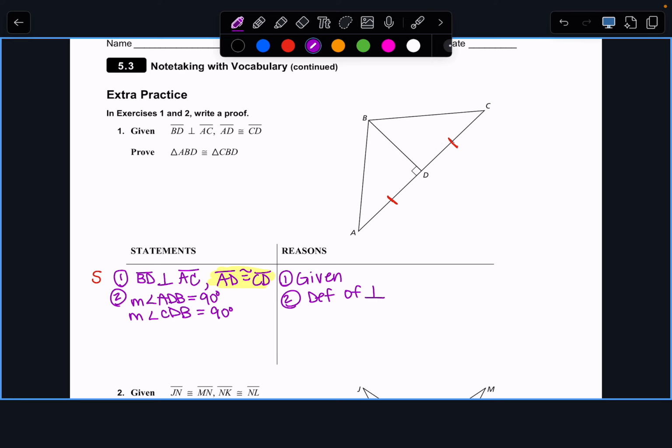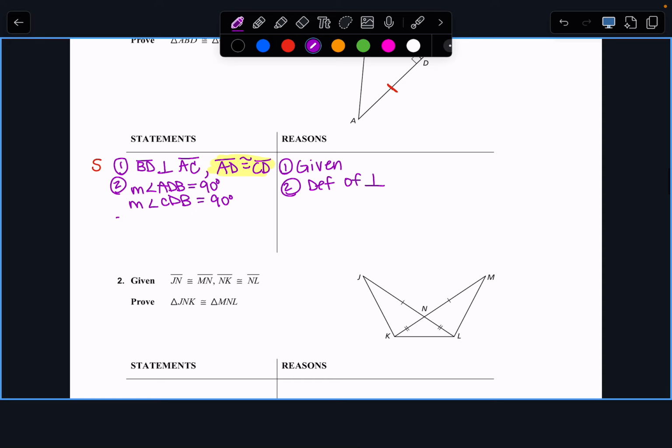Okay. Now, what property can I use now? The transitive property can tell me that the measures of these two angles are the same.